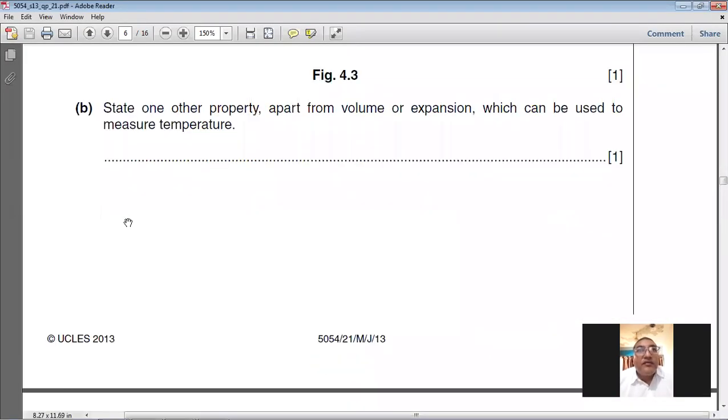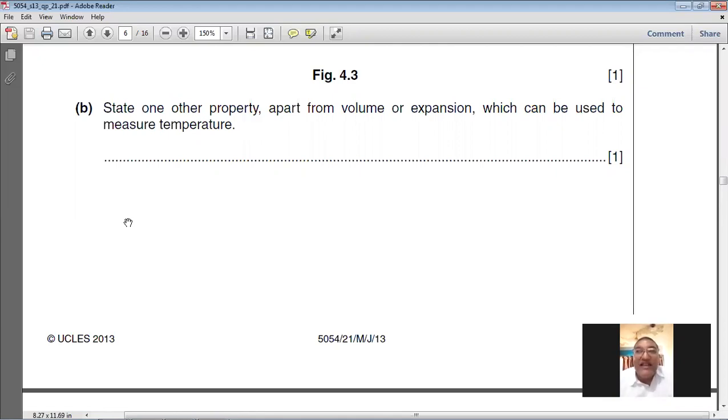Okay. State one other property apart from volume or expansion which can be used to measure temperature. In a thermocouple, we use EMF induced. And sometimes we also use the resistance of a conductor, and sometimes we use the color of some crystals to show the temperature.